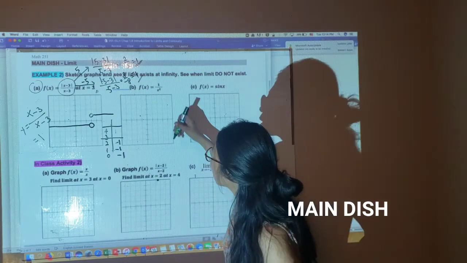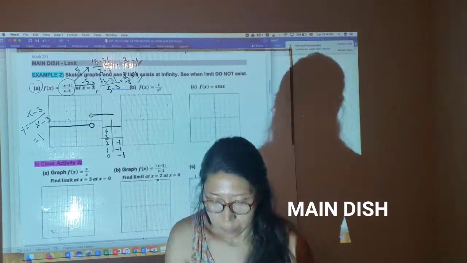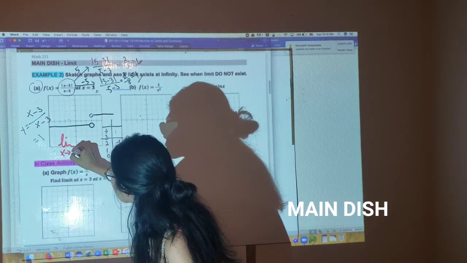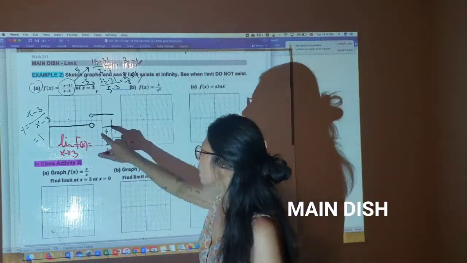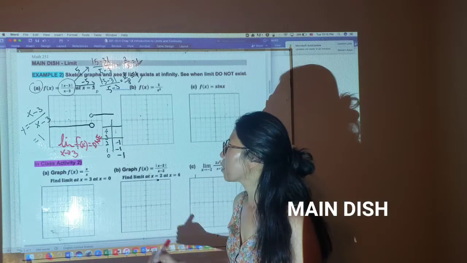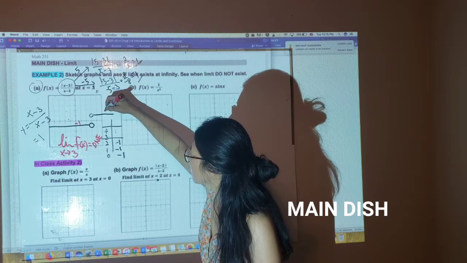Then I want to talk about whether the limit exists. I want to see if the limit exists at 3. When I look at this one, I can see that the limit does not exist, because my left-hand limit is negative 1 and my right-hand limit is 1.